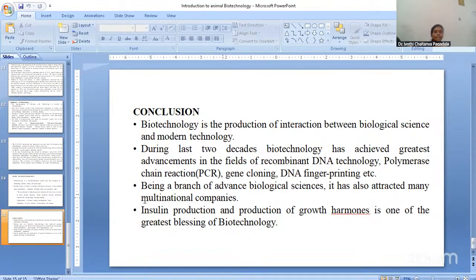Being a branch of advanced biological sciences, it has already attracted many multinational companies. Yes, industrial insulin production and the production of growth hormones is one of the greatest blessings of biotech.